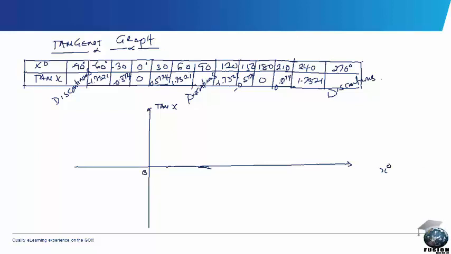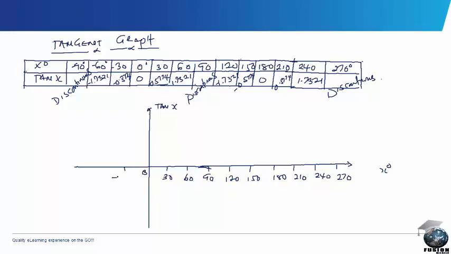These points are 30 degrees, this is 60, this one is 90, this is 120, this is 150, this is 180, and then we have 210, 240, and 270 at this point.